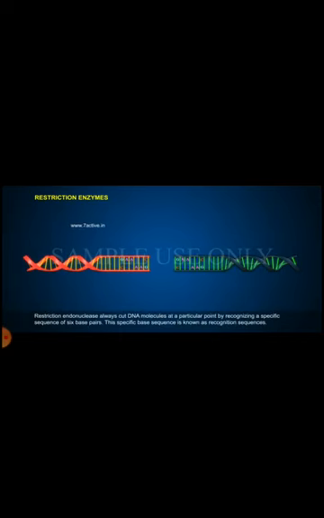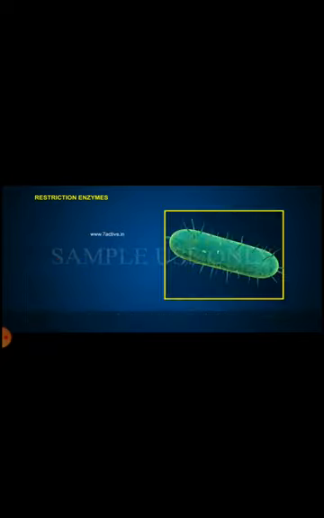Restriction endonucleases always cut DNA molecules at a particular point by recognizing a specific sequence of 6 base pairs. This specific base sequence is known as the recognition sequence. More than 900 restriction enzymes have been isolated from 230 strains of bacteria, each of which recognizes different recognition sequences.